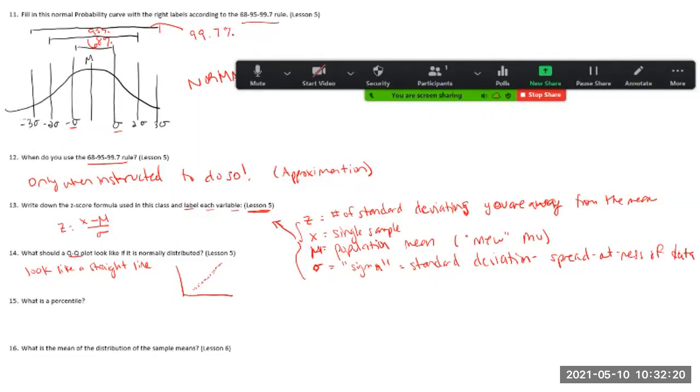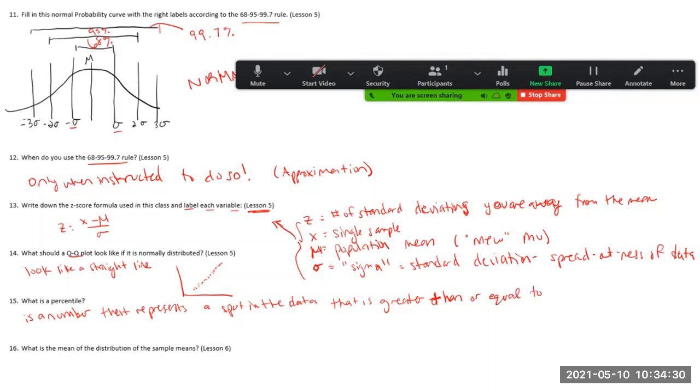A percentile is a number that represents a spot in the data, usually someone's particular measurement, that is greater than or equal to some percent. It's easier to do it in an example.